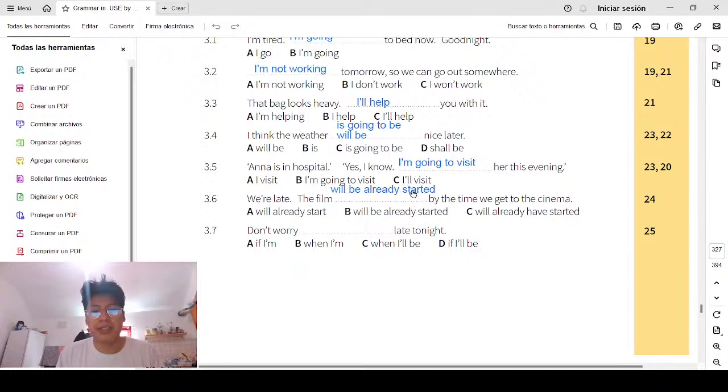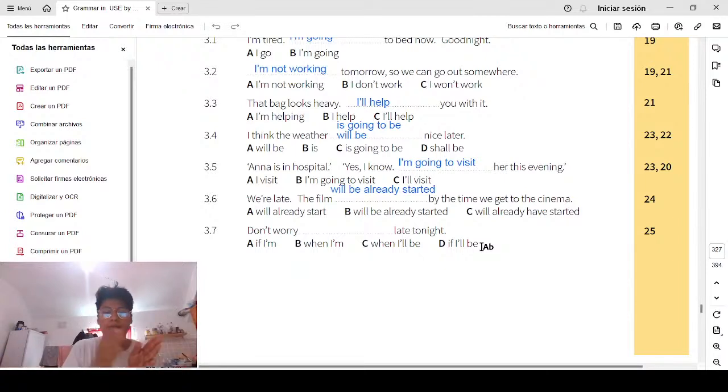Already started: started is the past participle, and already is like an adverb, I don't know exactly. So the film will be already started by the time we get to the cinema. We can use by when we're talking about the future.